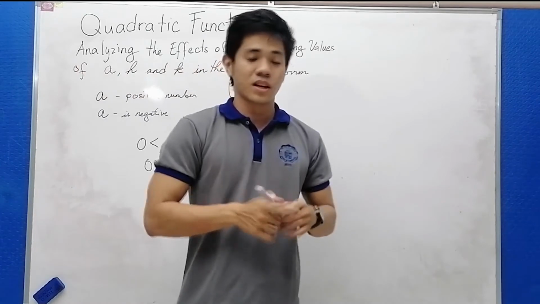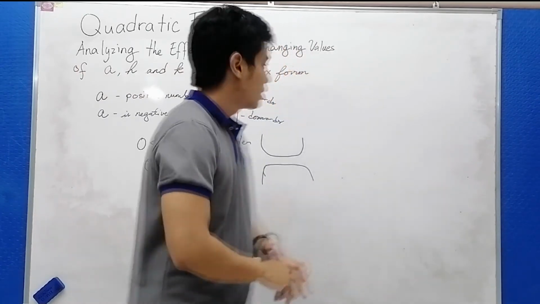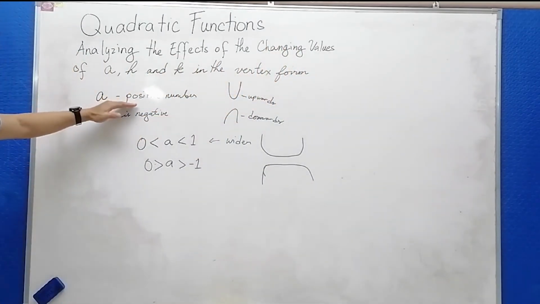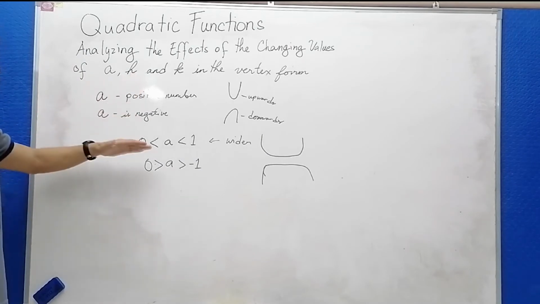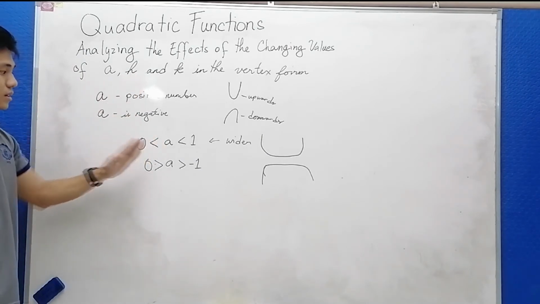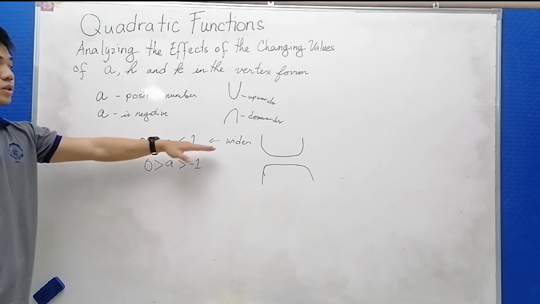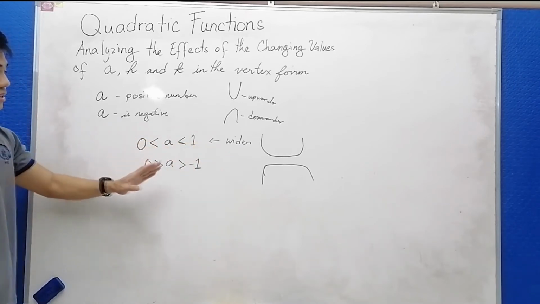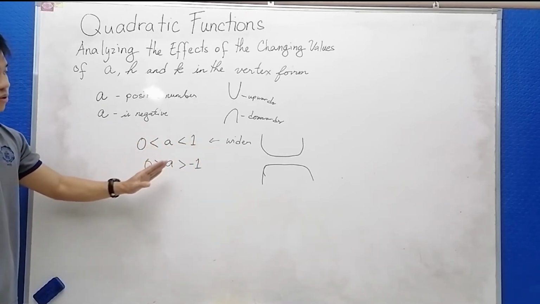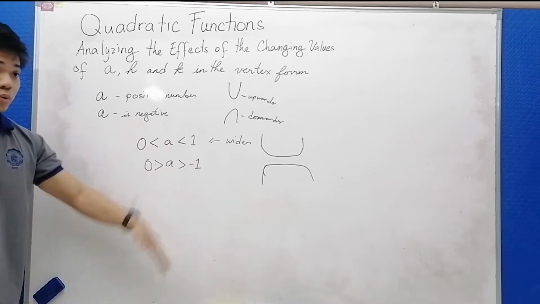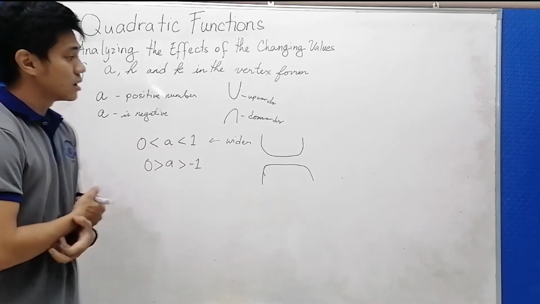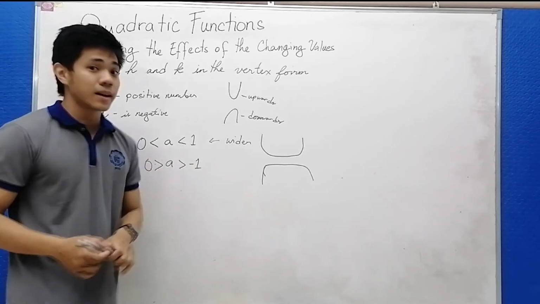These are the two things we can identify with a. Given the positive value, it's opening upwards, and if it's less than 1 but greater than 0, it's going to be wider. And if it's less than 0 but greater than negative 1, it also becomes wider. So decimal values give us an idea how wide the parabola will look.